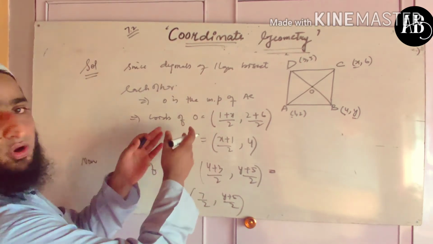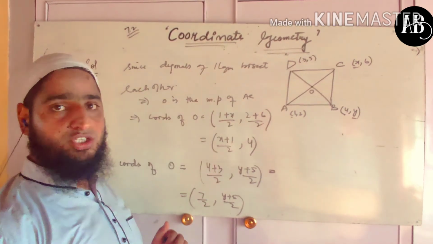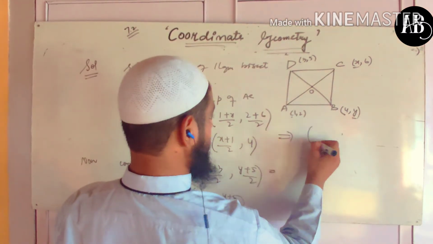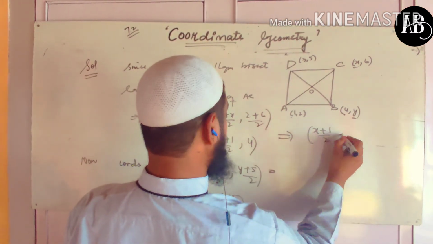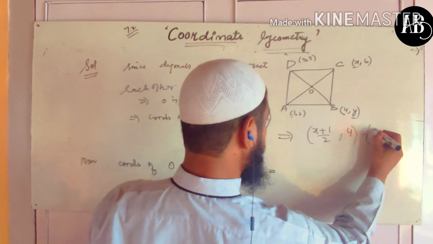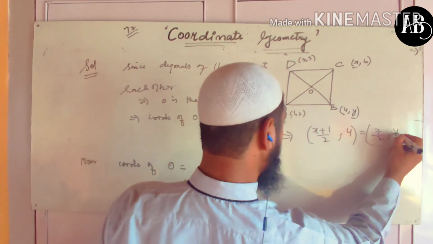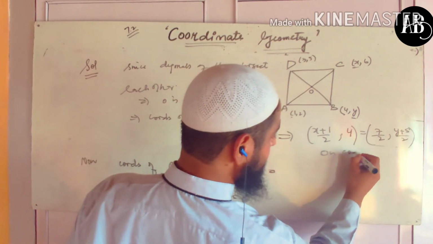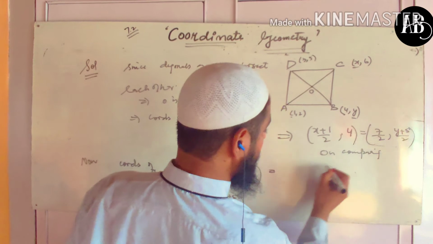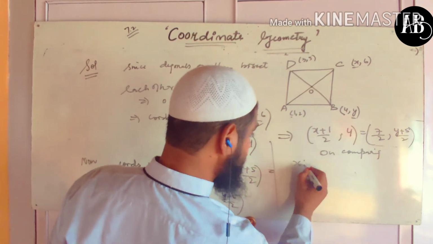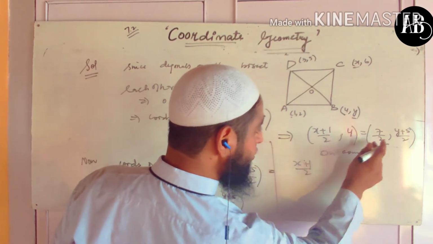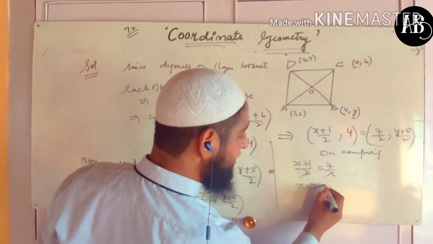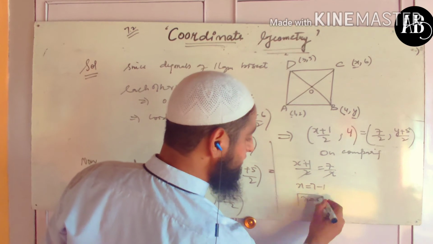But these are coordinates of O, these are coordinates of O. It means these are equal. It implies ((x + 1)/2, 4) is equal to (7/2, (y + 5)/2). On comparing, (x + 1)/2, x coordinate is equal to x coordinate, 2 cancelled out, x is equal to 7 minus 1, x is equal to 6.